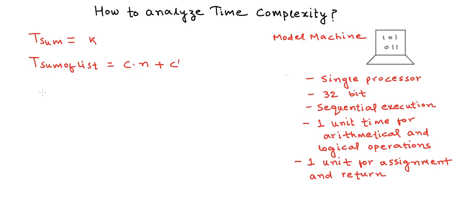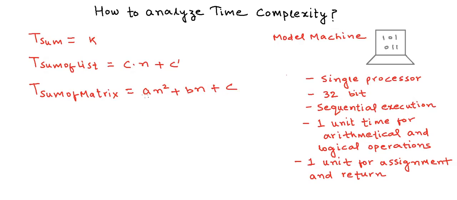If we want to print or calculate the sum of elements in a two-dimensional matrix of size n cross n, then if you try to deduce the time taken in that particular situation, the expression would be something like a n square plus bn plus c, where a, b and c are some constants.